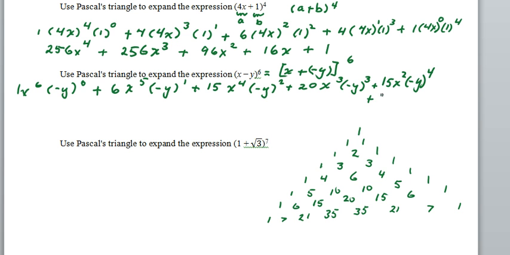plus 6x times the opposite of y to the fifth, plus the last term. Oh, and I put the parentheses in the wrong place there. Let me just fix that.